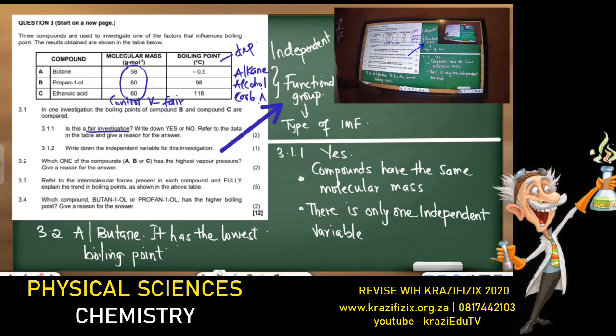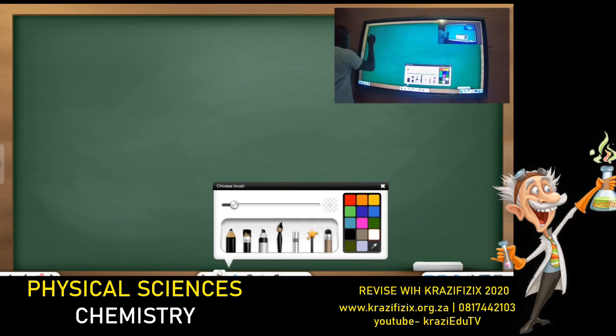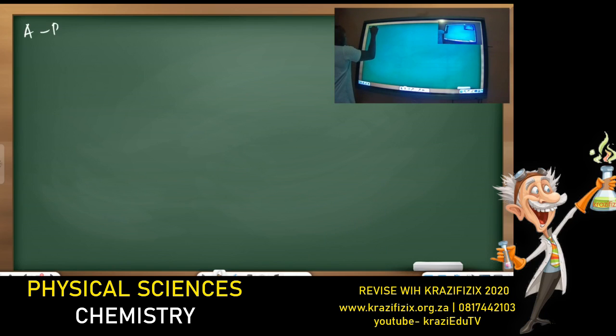Refer to the intermolecular forces present in each compound and fully explain the trend. Now, this is where I go with the eyes. I have butane, propanol, and ethanoic acid. Let's get a fresh page. A is butane.